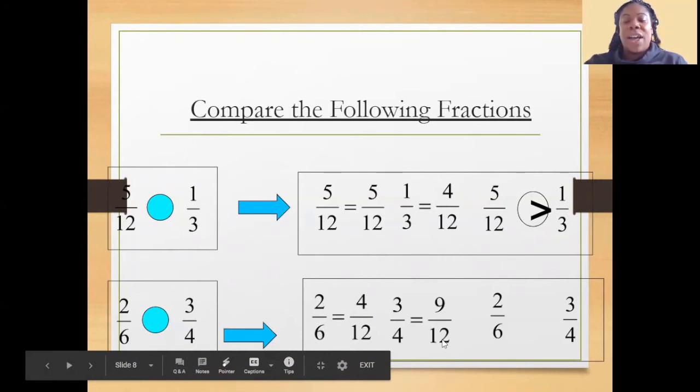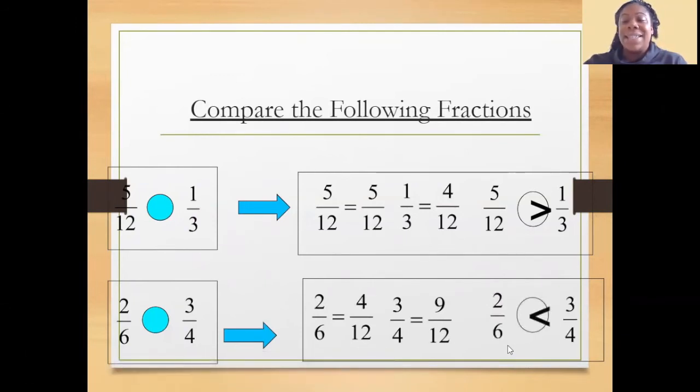I also should have found that the least common multiple of 4 and 6 was 12 here, and 4 times 3 gives me 12, and 3 times 3 gives me 9. And so now I have 4 twelfths compared to 9 twelfths. Looking at my numerators, I know that 9 twelfths is bigger. And so I can say that 2/6 is less than 3/4.